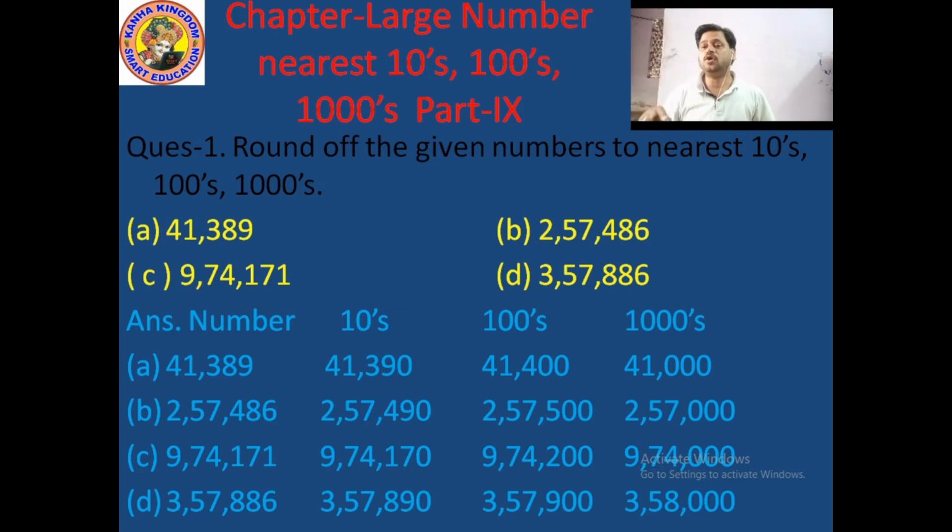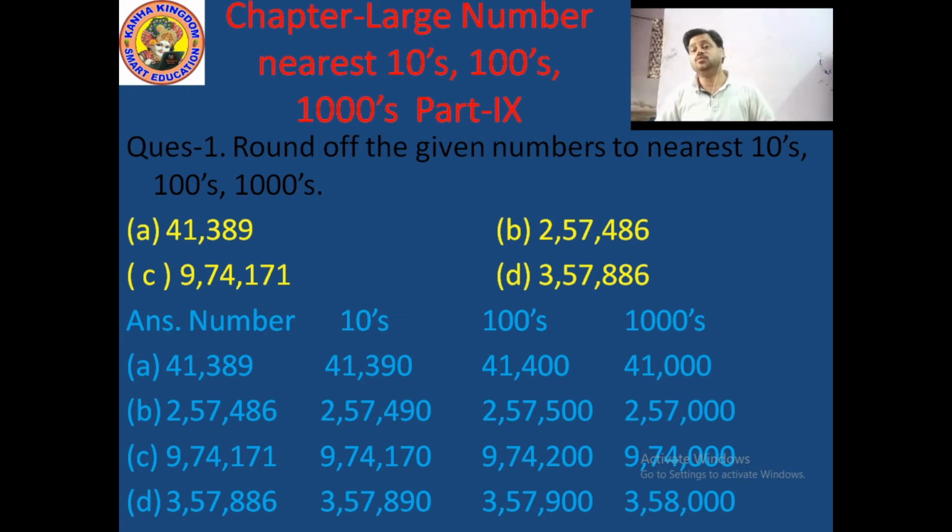Now move to the nearest thousand of the same number, 3,57,886. In nearest thousand again we find two place values, the 100 place value and the 1000 place value. Which digit is in the 100 place value? 8, and 8 is greater than 5, so you convert the 100 place, tens place and ones place into 0.